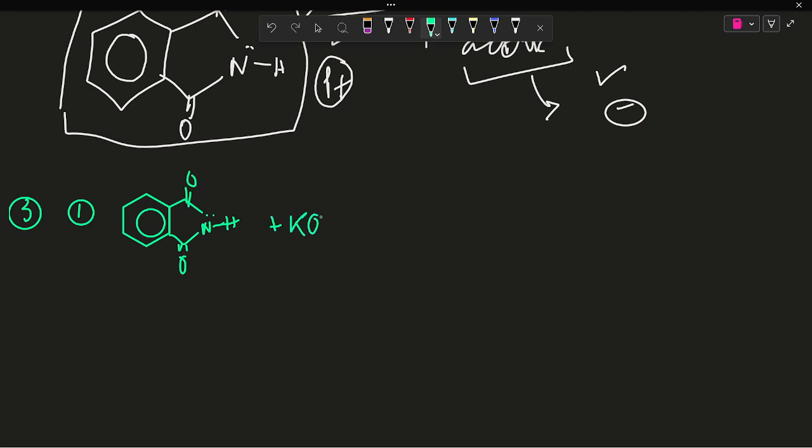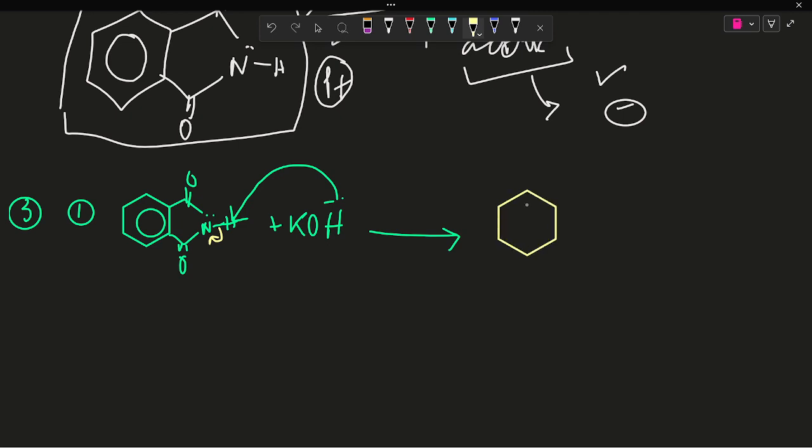We use the base KOH in the first step. So what we get is that this OH negative takes away this hydrogen, and this bond pair is converted into a lone pair on nitrogen. So what we get is a phthalimide ion.